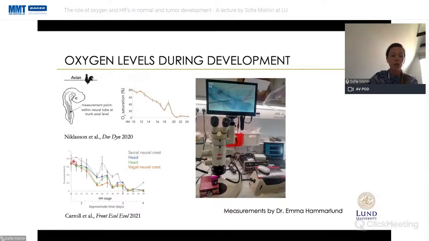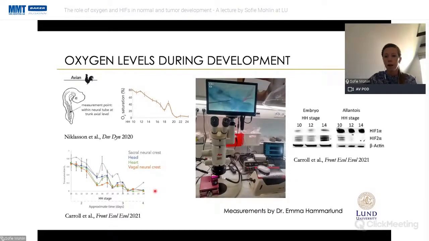And you can see at all these different locations in the embryo, we see the same pattern. And Chris also performed Western blot looking at HIF1 and HIF2, both within the embryo as well as in the allantois. And you can see that in the embryo, expression of both proteins increases with time, whereas here it decreases in the surrounding.